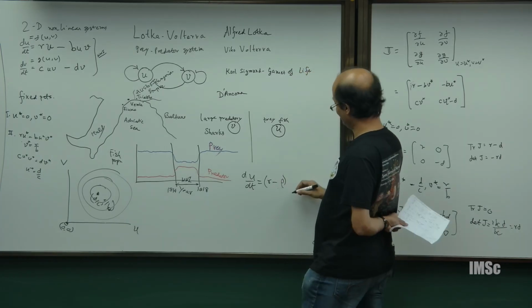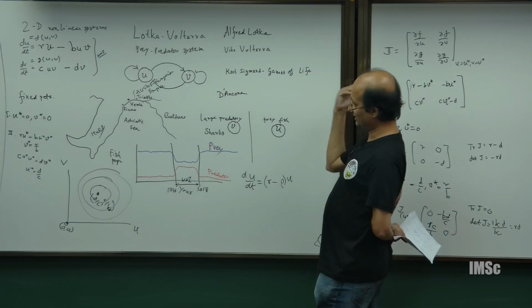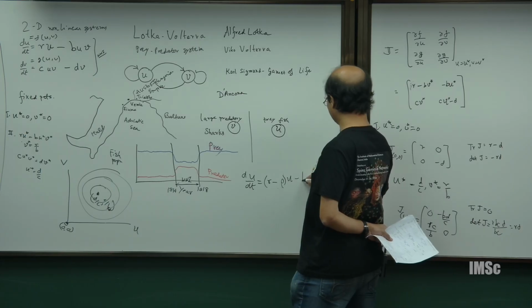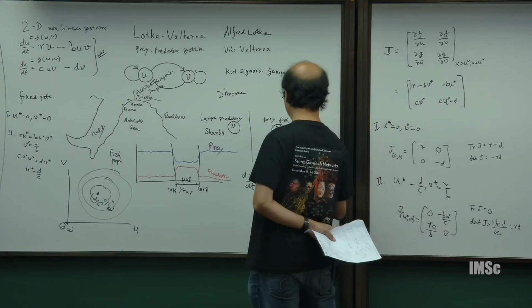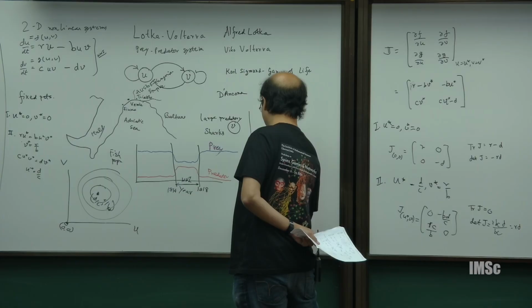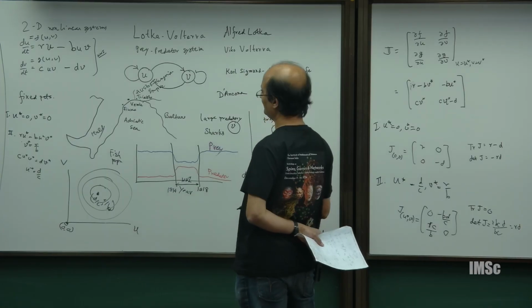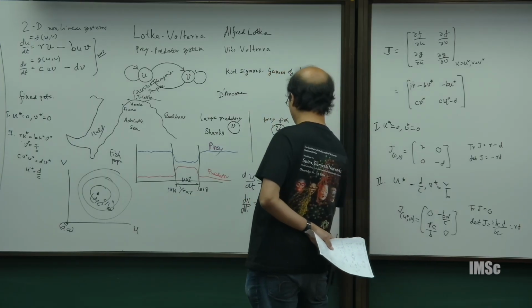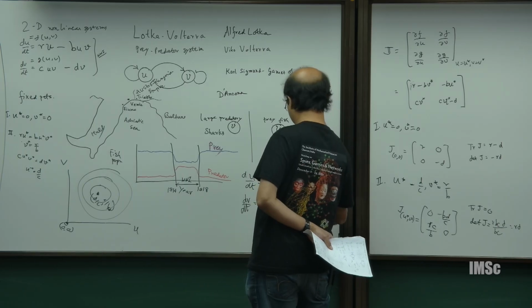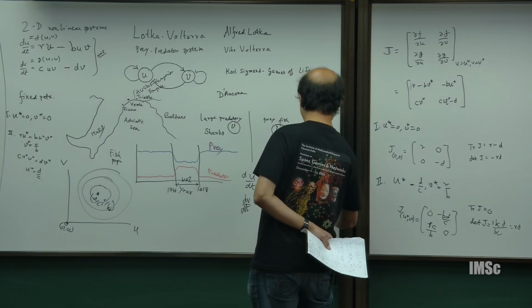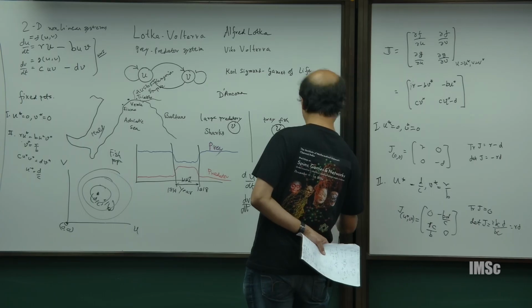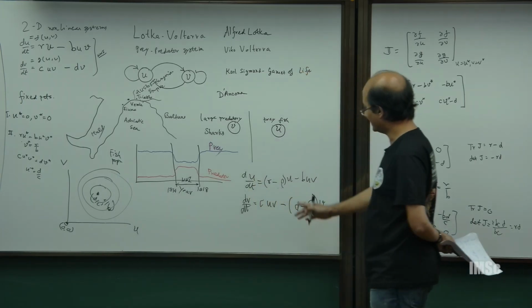So, the effective growth rate is reduced because of the fishing fleets, minus buv, and dv dt is equal to cuv minus d plus delta. So, the death rate is increased because of the fishing v. Okay, so, that is the difference.